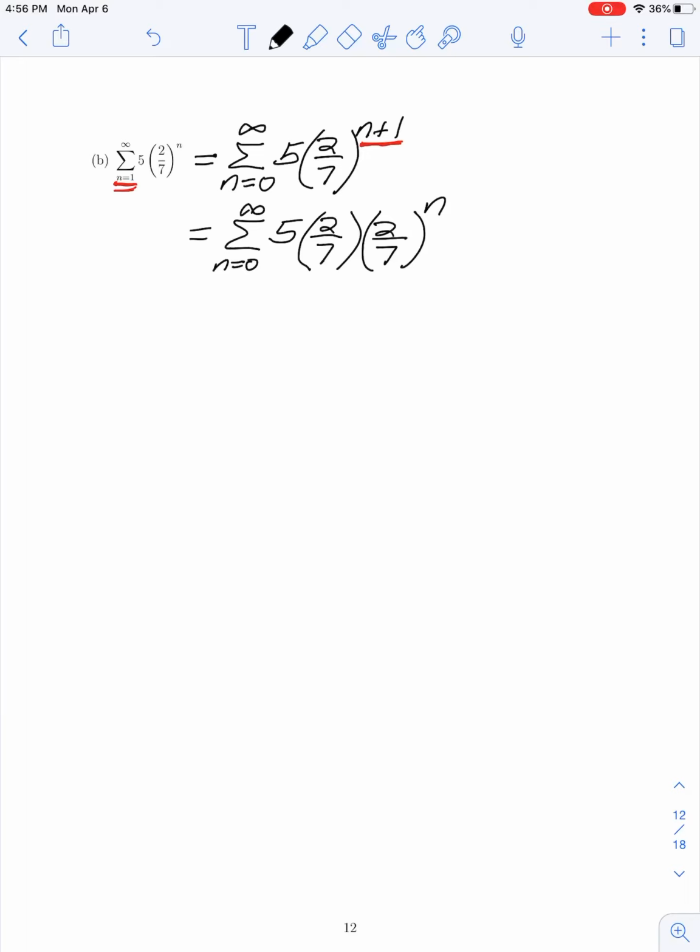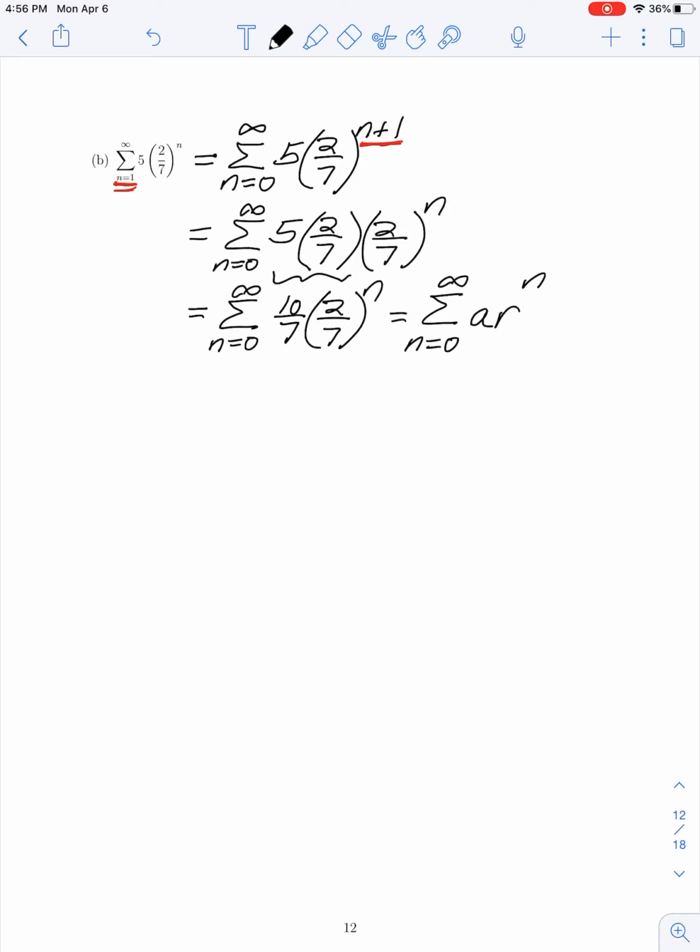And if I combine these first two constant terms, I would have the sum from n equals 0 to infinity of 10/7 times 2/7 to the nth power, and this now has the standard form for a geometric series. This has the form where we're summing from 0 to infinity, some constant a times a constant r to the nth power.